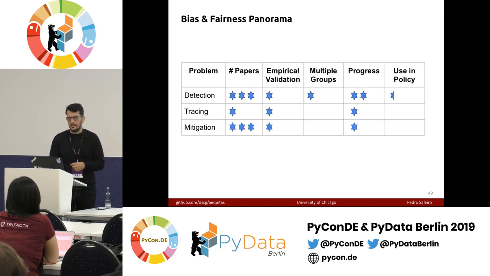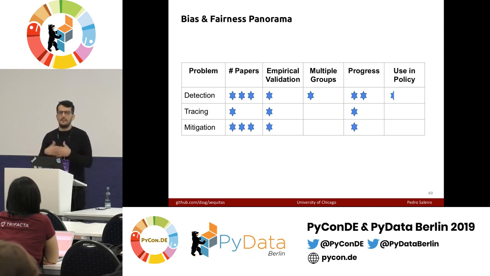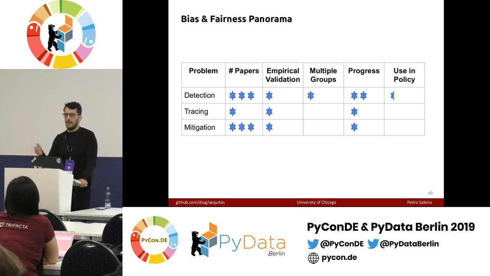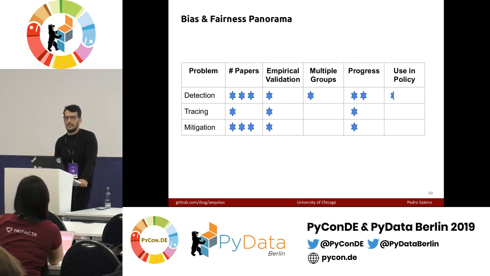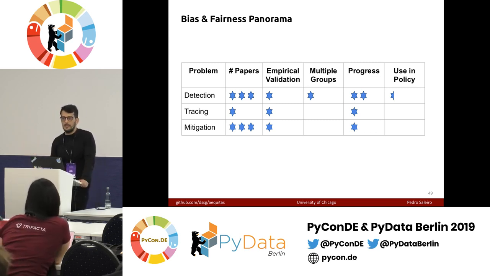Regarding the research panorama, there are lots of papers on detection and mitigation. It's really common. Machine learning and computer science people really love optimization problems. So they define fairness as an optimization problem. They add some regularization parameter and voila. What happens is that in real life, in practice, you often cannot play around with thresholds. You cannot play around with capacity. You have fixed budgets. You cannot increase the positive cases.